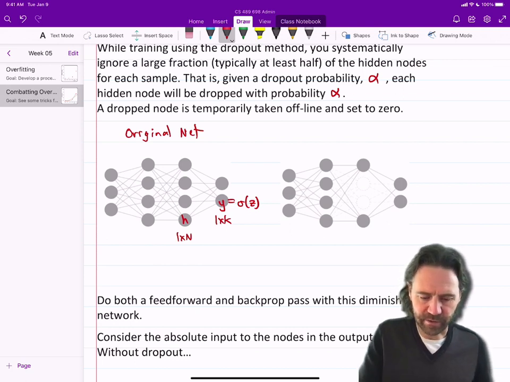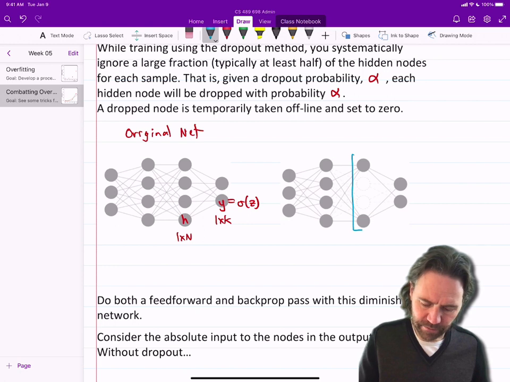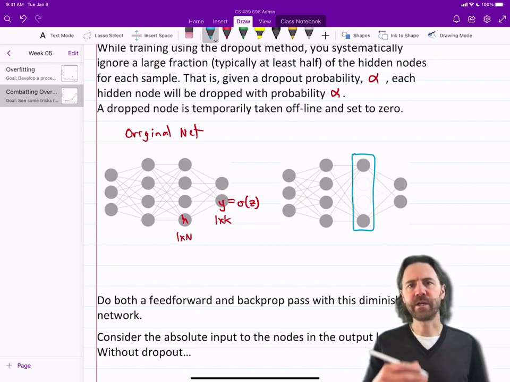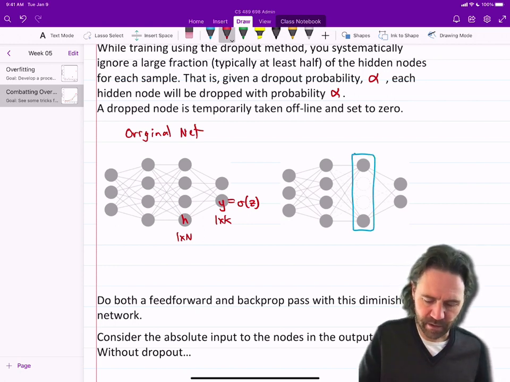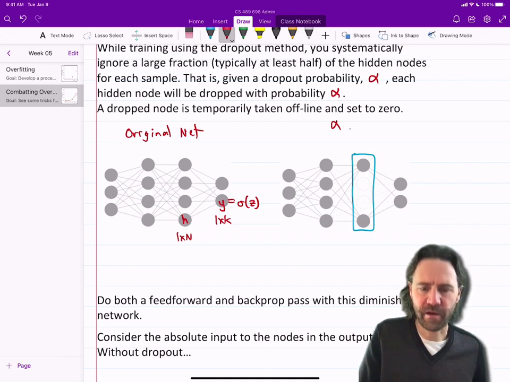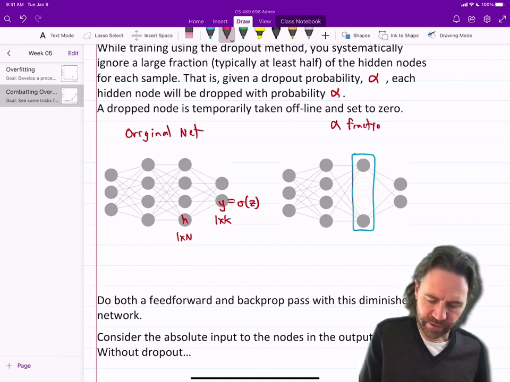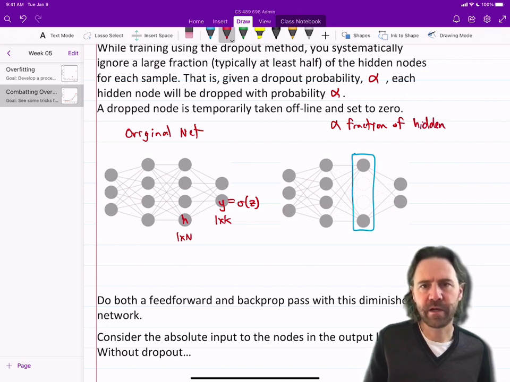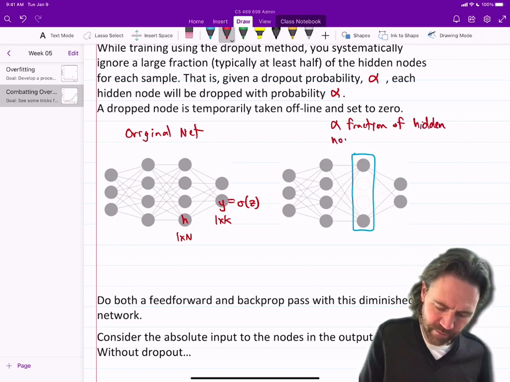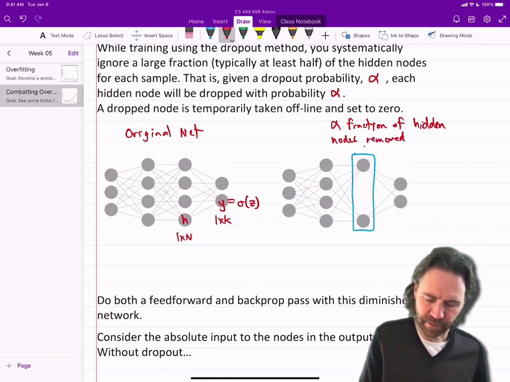In this last layer, alpha is the dropout rate: an alpha fraction of hidden nodes removed from this layer.